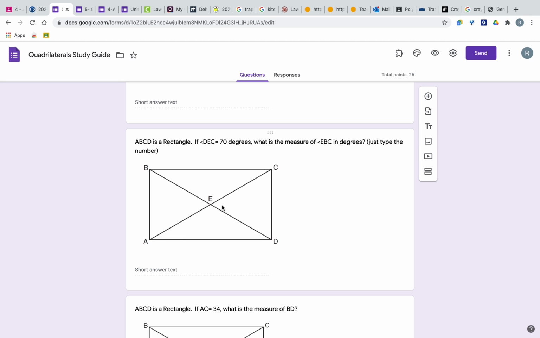So if this is 70 degrees, this angle would be 110 because they're a linear pair, right? I could use that to figure out that these two angles add up to 70. Or I could say, well, exterior angle theorem, if this is 70, then the sum of these two angles will be 70 degrees. Now, where that helps me here is I know this is an isosceles triangle. So 70 divided by 2 will give me that this is 35 and then that's 35 because these have to be the same angle.